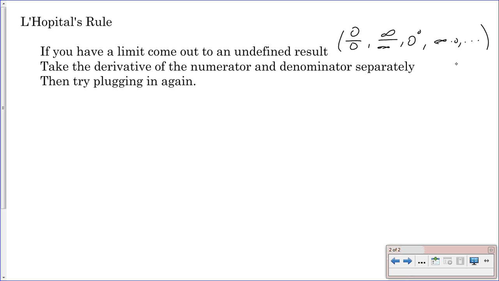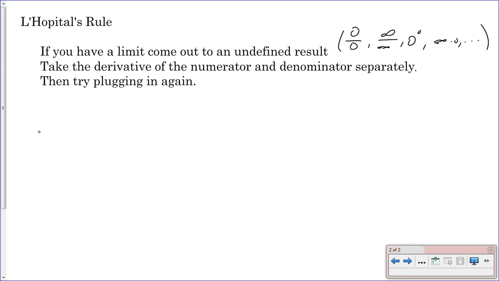If you get an undefined result, what you need to do is take the derivative of the numerator and denominator separately. Don't do quotient rule. Just take the derivative of the top over the derivative of the bottom and try plugging in again.